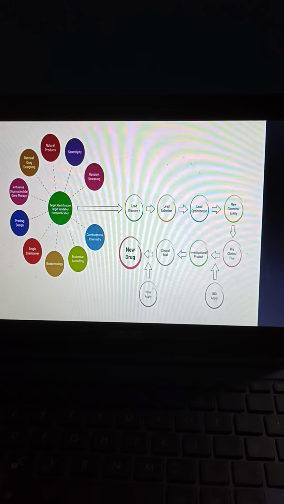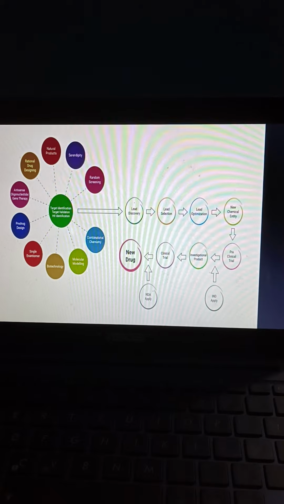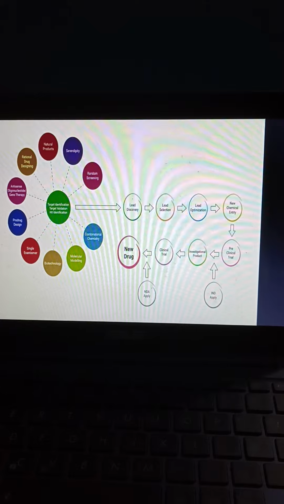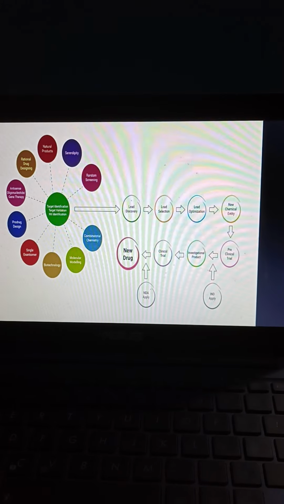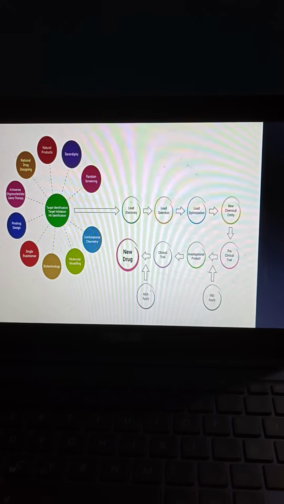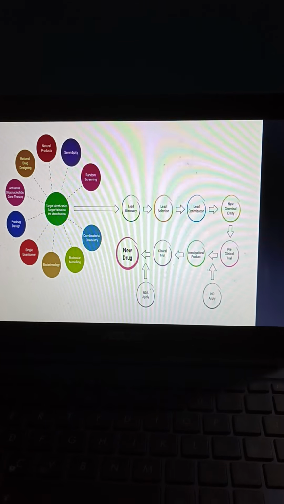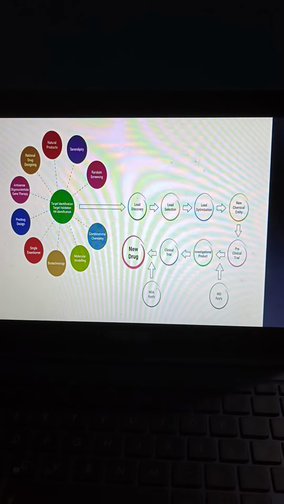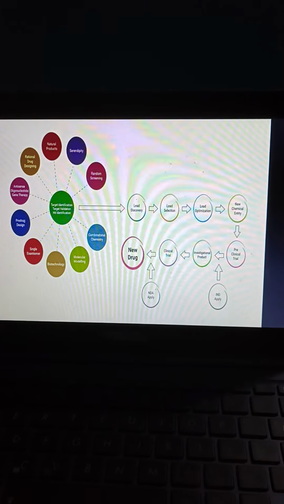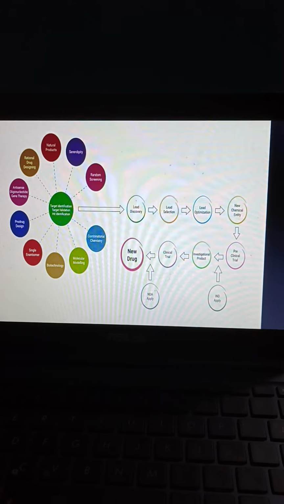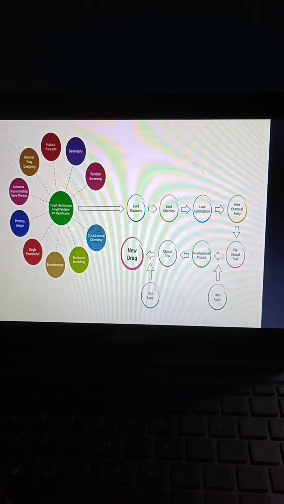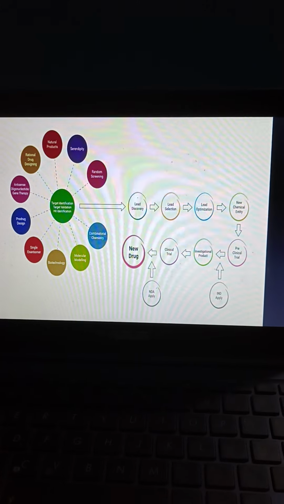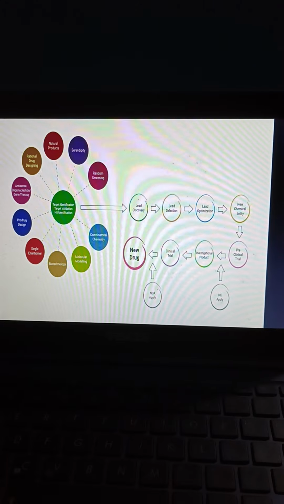And for target identification and lead identification, there are lots of approaches: random screening, serendipity, natural products, rational drug designing, prodrugs, single enantiomer, biotechnology, molecular modeling, combinatorial chemistry, and core therapy.